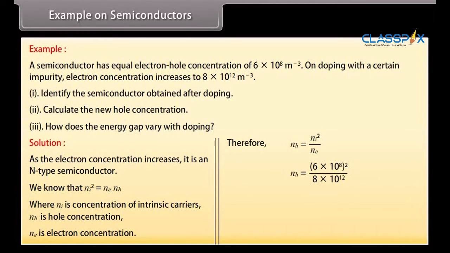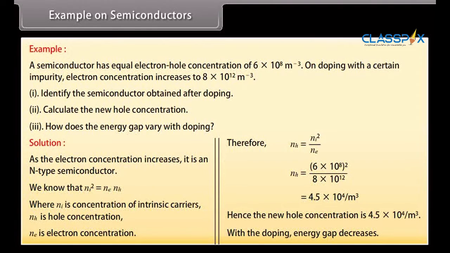On putting the values, we get NH equal to 4.5 × 10^4 per meter cube. Hence, the new hole concentration is 4.5 × 10^4 per meter cube. With the doping, the energy gap decreases.